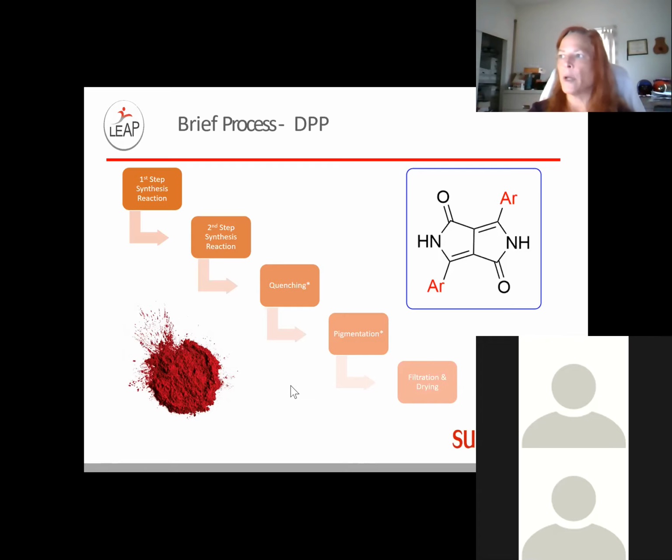Following this is a quenching step, which halts the synthesis and crystal growth to be able to reach the endpoint, the pigment endpoint that you're looking for. And I'll go into a little bit more detail on that process as well. Following that is the pigmentation, and this determines the final end application properties that are required for that one. And of course, like every other pigment, it has to be filtered and dried.